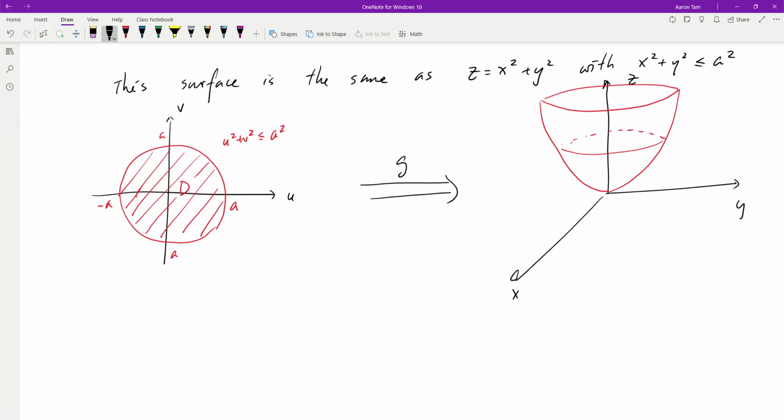To do that, what I need to do is form this integral. We'll call this surface S also. It's a double integral over D of the length of dg over du cross dg over dv, du dv.